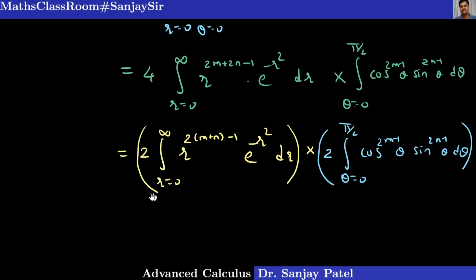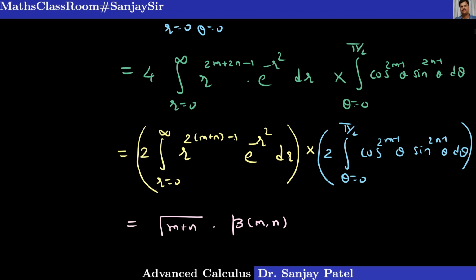Okay, so this is nothing but our gamma function with the value of that argument m plus n. So this thing is gamma of m plus n, and this thing is nothing but beta of m comma n, if you see the definitions of gamma and beta functions.